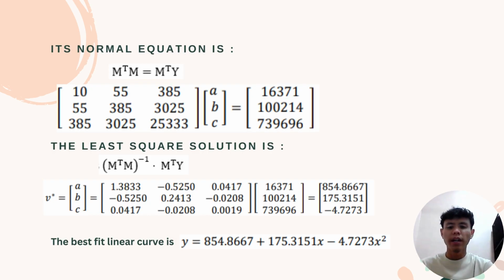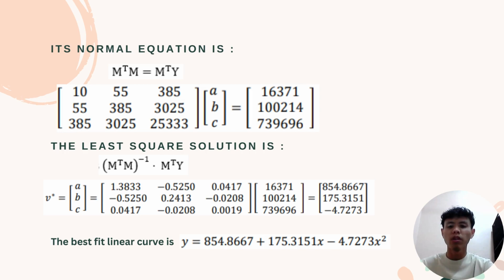Next is its normal equation, M transpose M equals M transpose Y, which is 10, 55, 385, 55, 385, 3025, 385, 3025, and 25,333. The least squares solution is M transpose M inverse times M transpose Y.